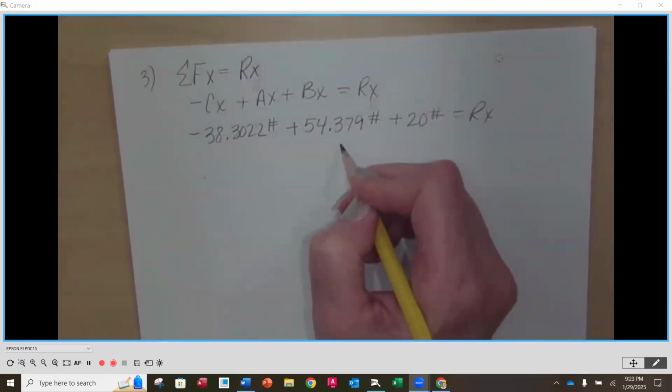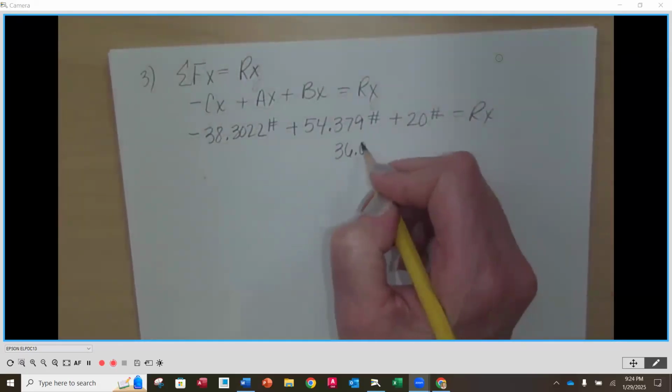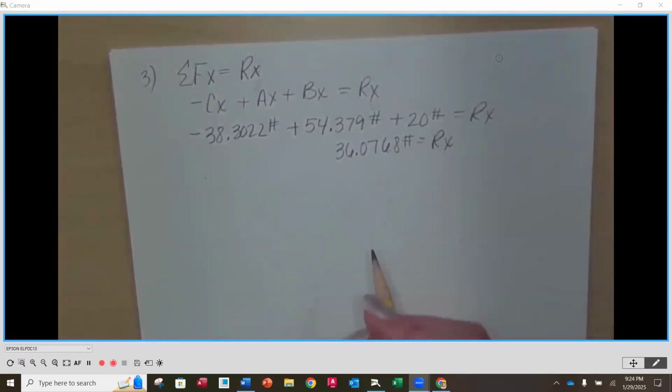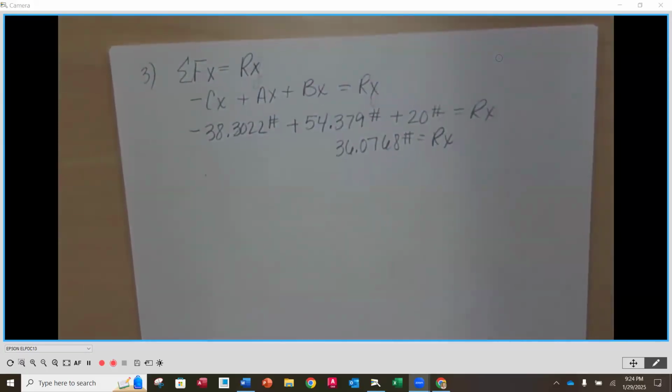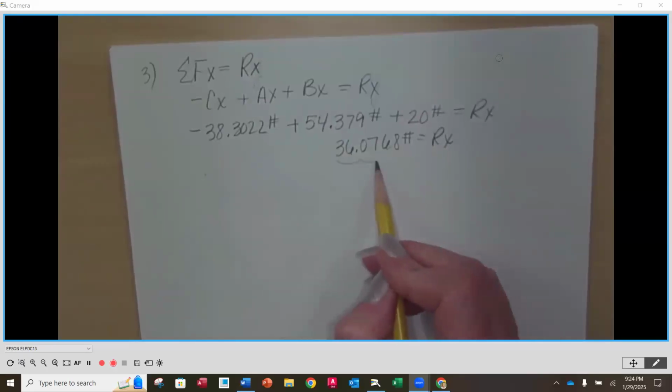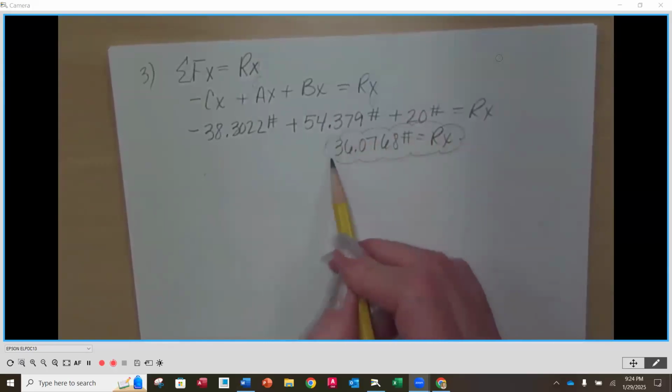So do you get 36.0768 for your RX? Same number? It's a positive value, so that means it's going to be pointing to the right when we draw our diagram. So we're going to sit with that one for a little bit. We'll put a cloud around it.